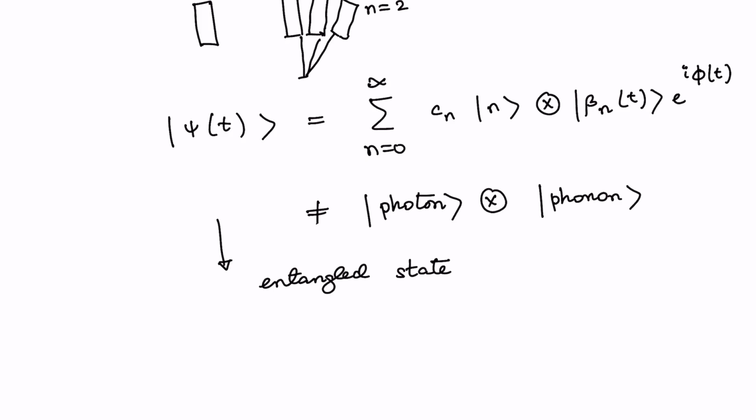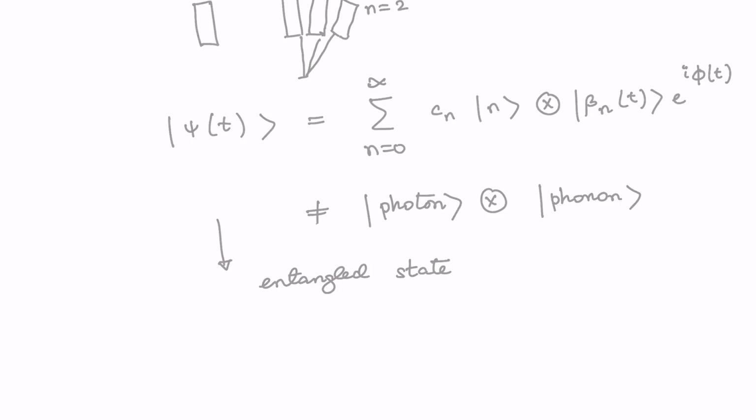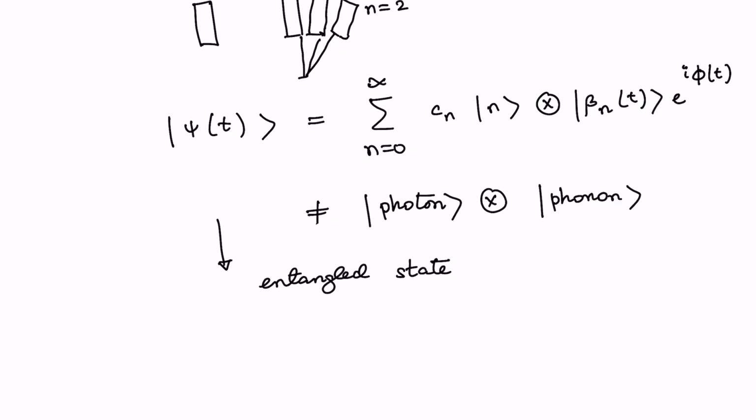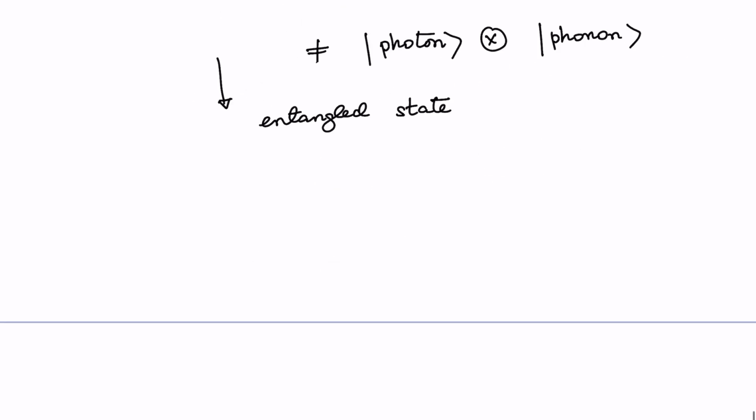Now let me quickly digress a bit and tell you how entangled photons are generated in the laboratory. What is the process? The most popular process is the so-called spontaneous parametric down conversion. So this is the process by which entangled photons are created in the laboratory.